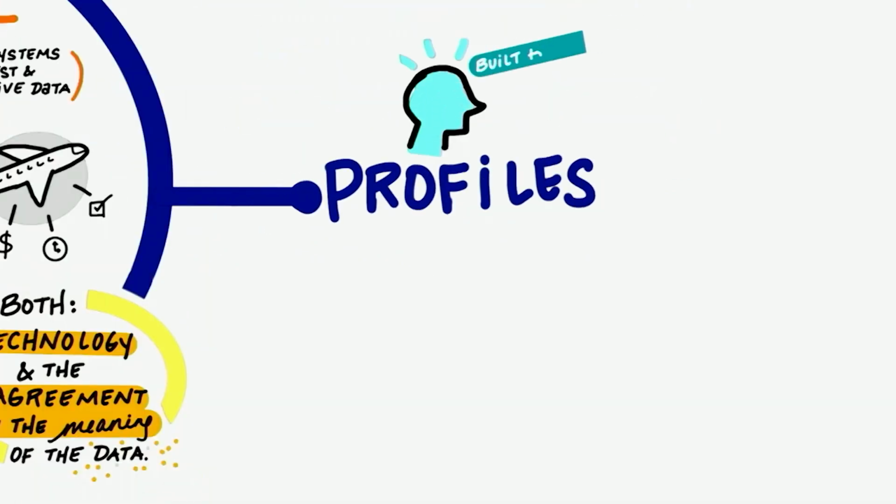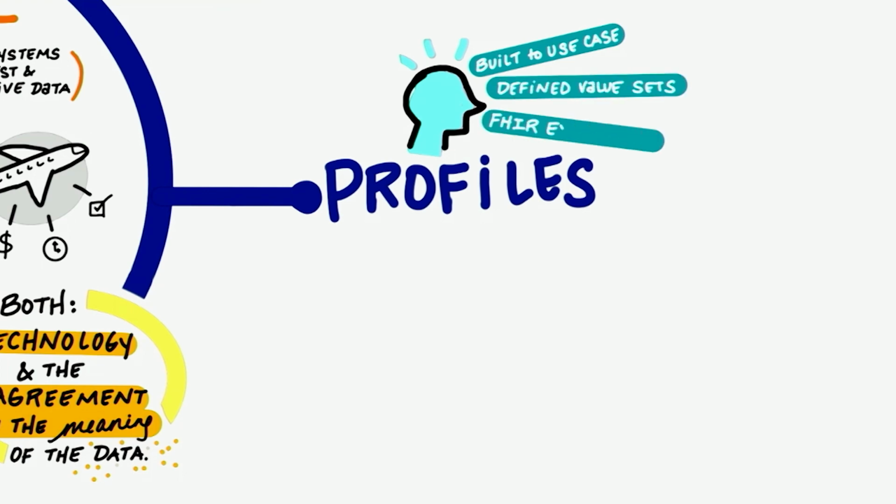The other thing to understand in FHIR is FHIR profiles. So FHIR profiles are everything you need to customize a FHIR resource for a particular use case. And I use the word customize, which makes sense, but what people usually say is constrain the FHIR resource for a particular use case.